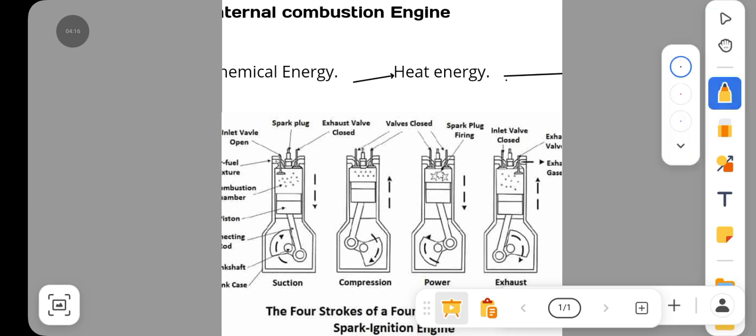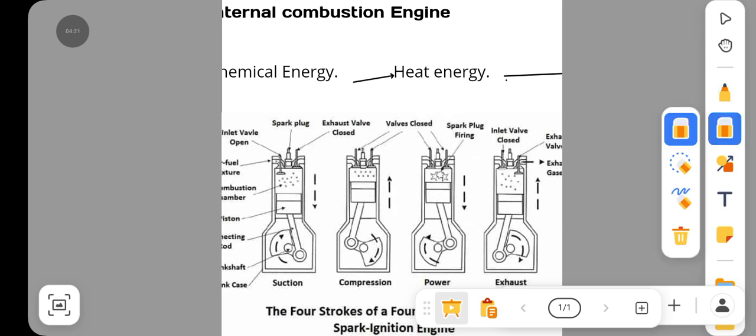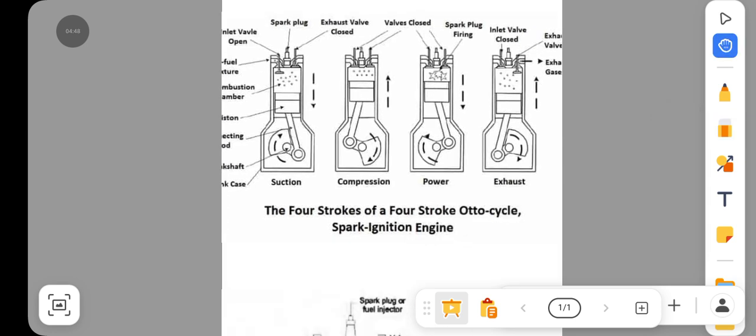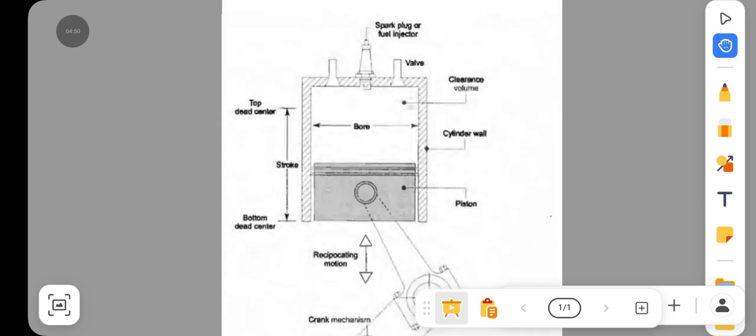After that, in this fourth slide, which is the last part, the gas comes out after the combustion pushes the piston back. The entire purpose of this combustion engine is to make sure the piston is moving in a rotary motion.